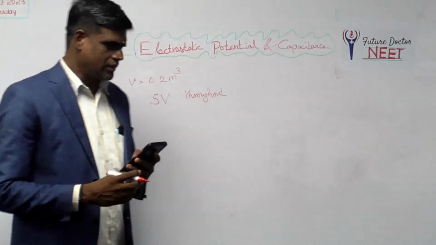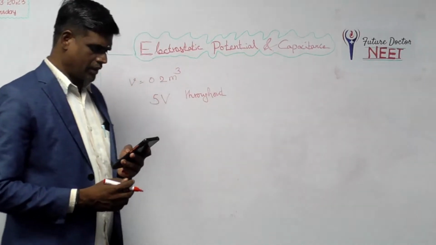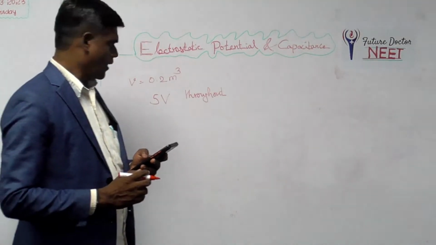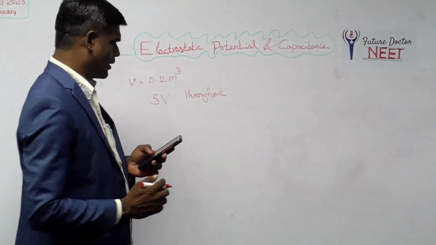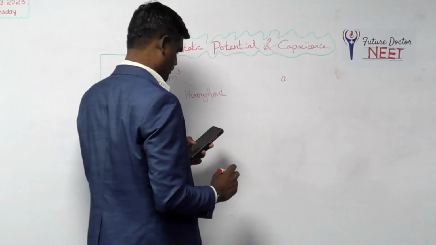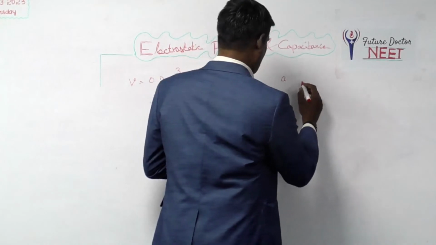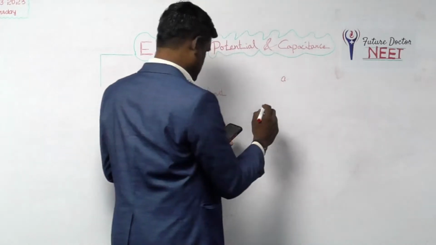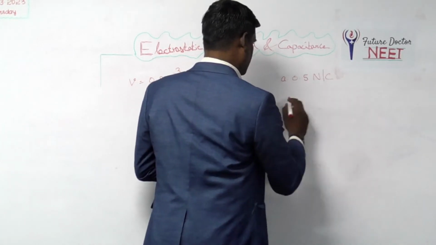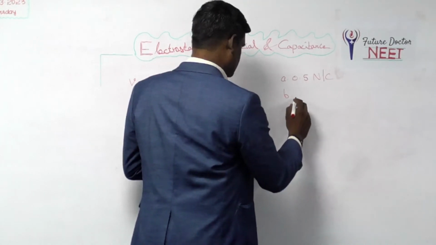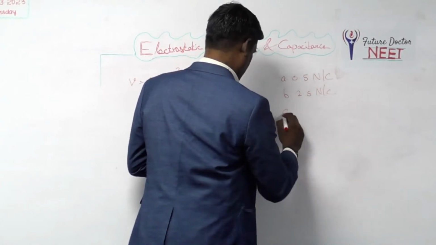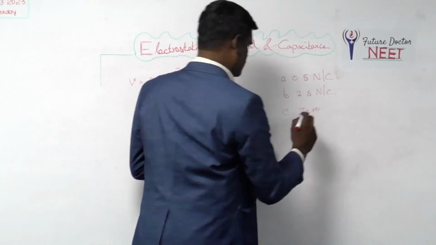The magnitude of electric field in this region is dash. Answer is, A option 0.5 N by C, B option 2.5 N by C, C option 0.